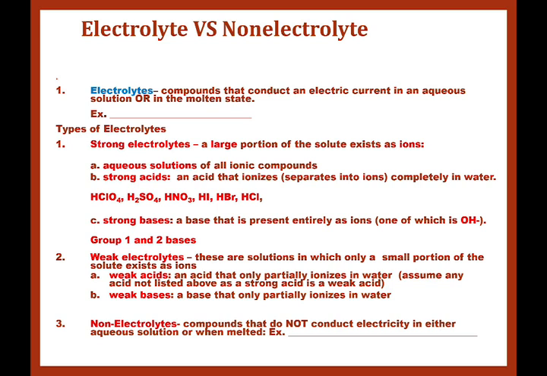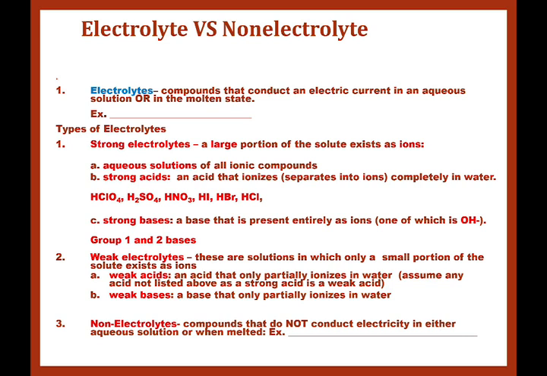And then lastly, we're going to talk about electrolytes versus non-electrolytes, and it will depend on whether the particles can move around. So electrolytes are compounds that conduct an electric current in aqueous solution.